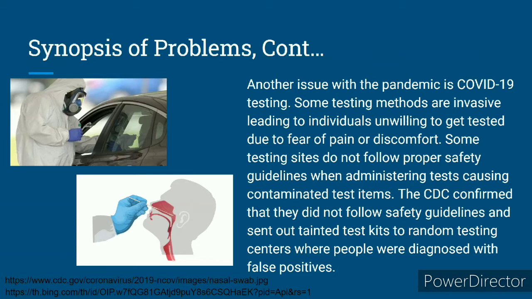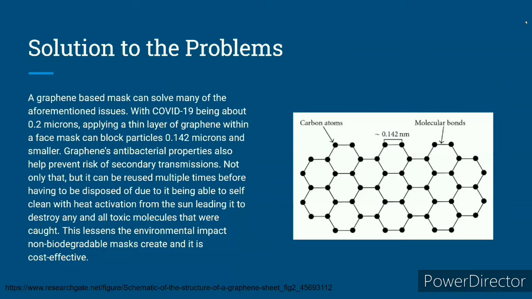So we understand the necessity of graphene being able to be used as a non-invasive way to test these things. Graphene can actually solve a lot of the problems mentioned before.